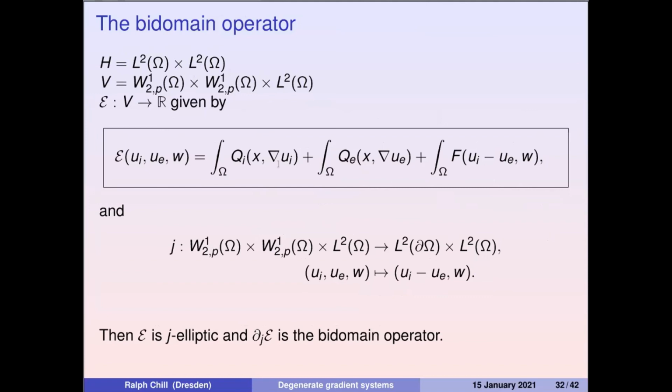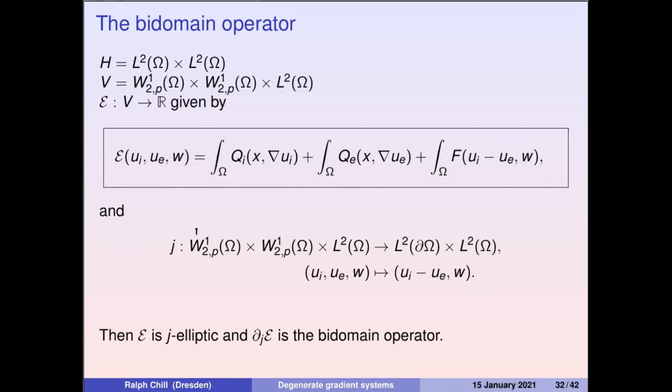I haven't said anything about the coefficients Q, but let's say you have Qi and Qe, the coefficients here are such that this energy is well defined on the Sobolev spaces W1 to P. So this is close to something which is P Laplace operator, and you take the corresponding energies of these elliptic operators. So one term for the variable ui, one term for the variable ue, and for this semilinear term, you have this function f.